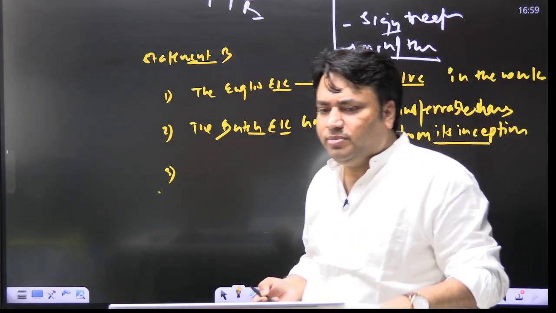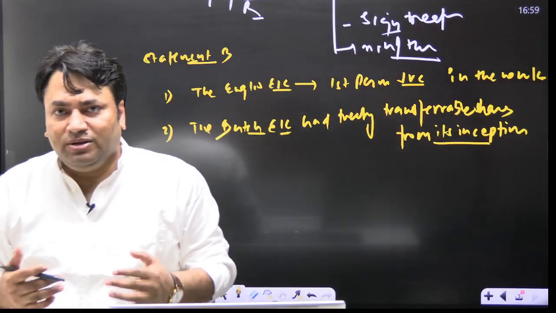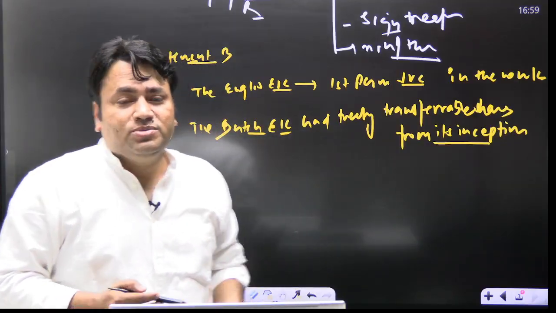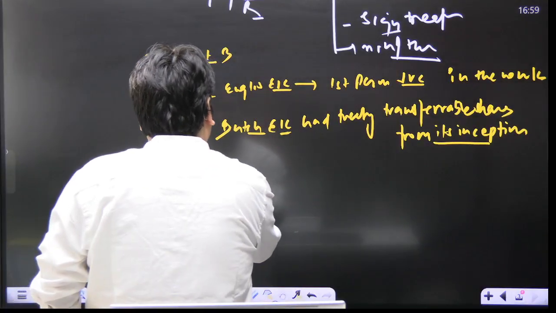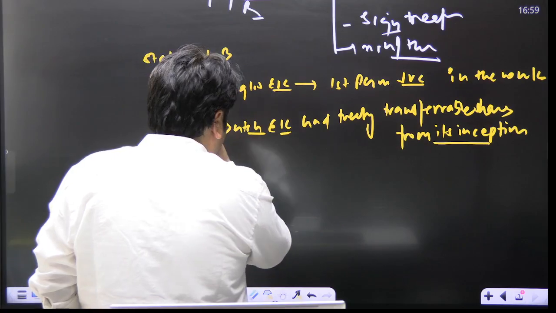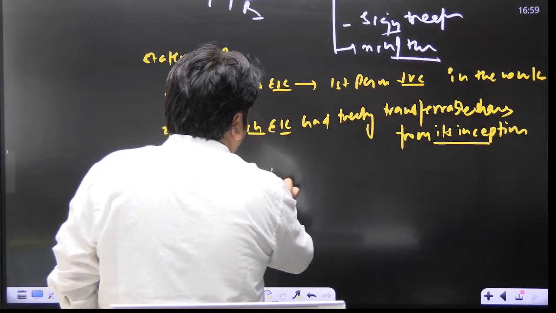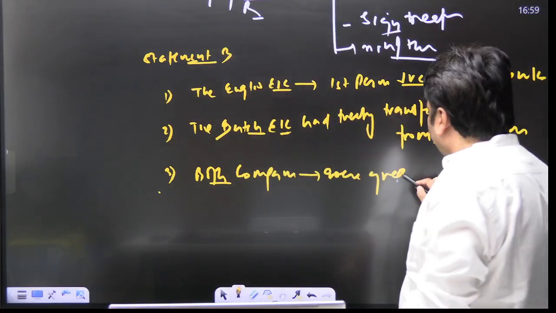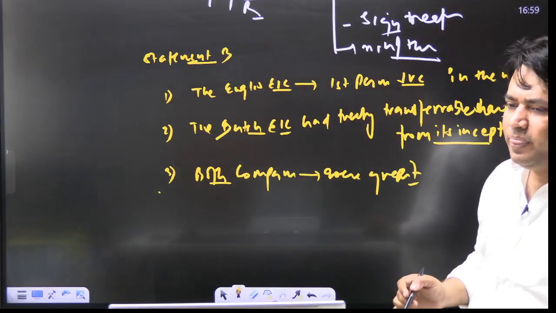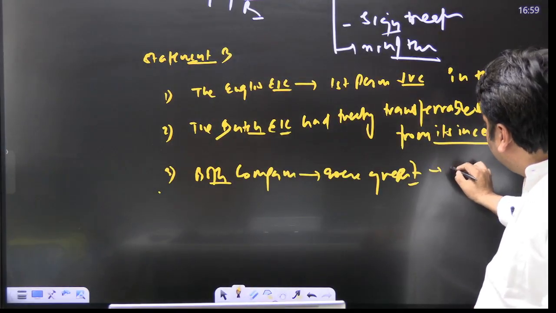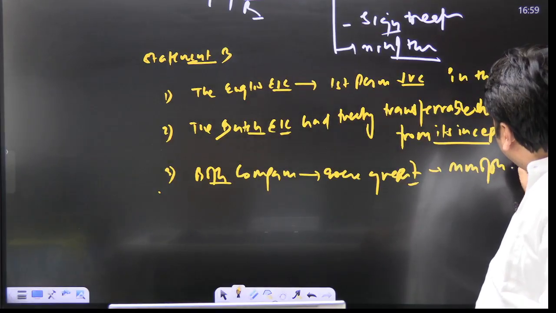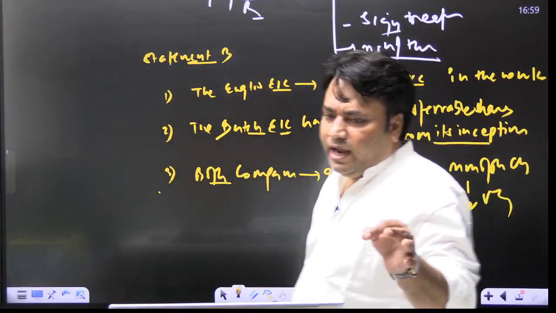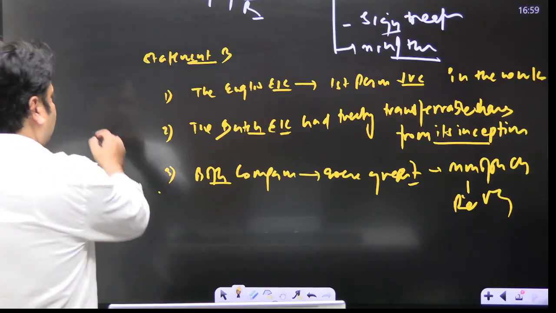The third statement is both companies, it means Dutch and English East India Company, were granted monopoly charters by their respective governments. Here we are talking about English and Dutch company. And you have to identify the correct statements.